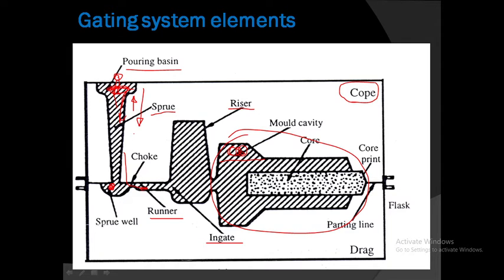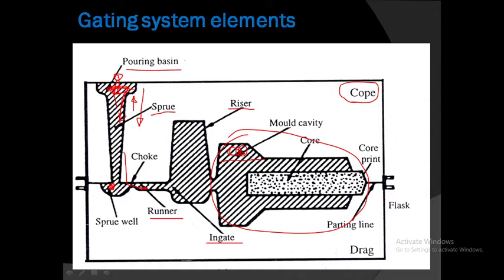Here, the sprue is gradually tapered from top to bottom to avoid aspiration of air. The aspiration of air normally occurs, and to avoid it, a tapered shape is used.